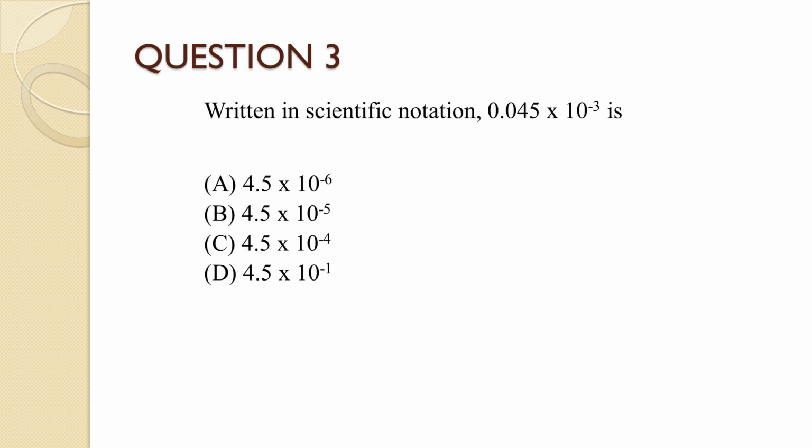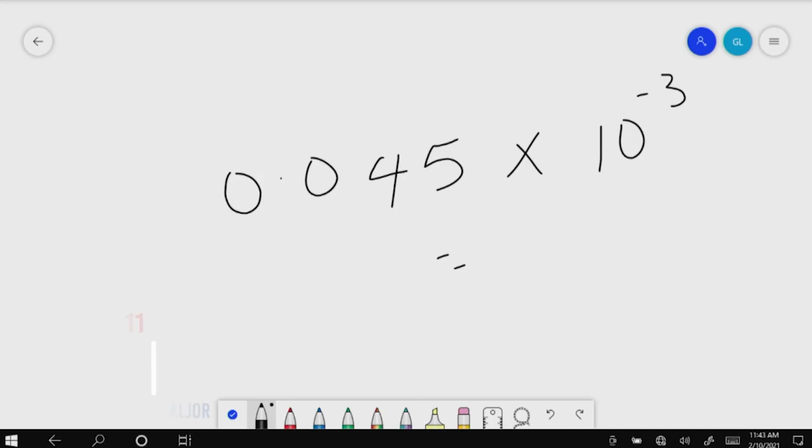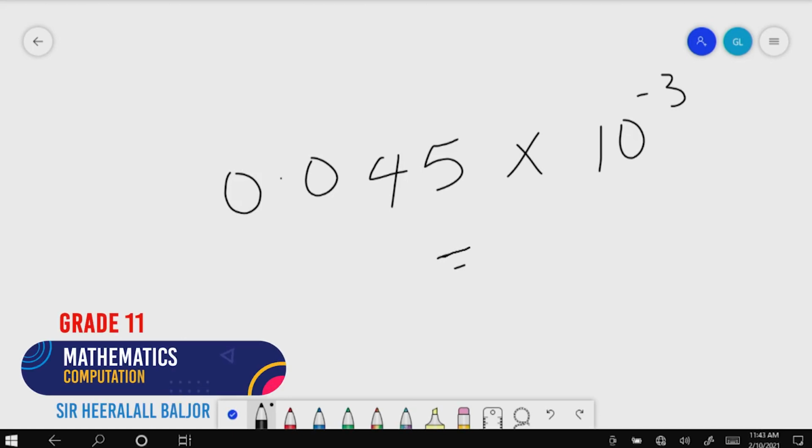Written in scientific notation, 0.045 multiplied by 10 to the minus 3 equals. Here we have a number that is written in scientific notation partially. What do I mean by partially? It's already written with some power of 10.